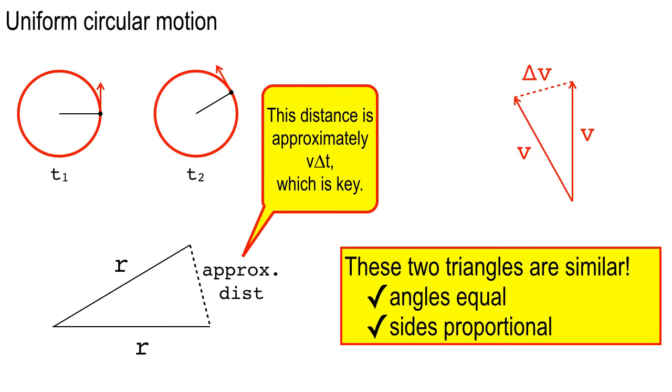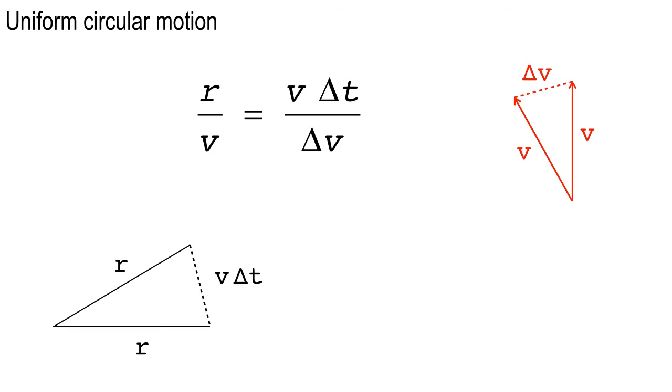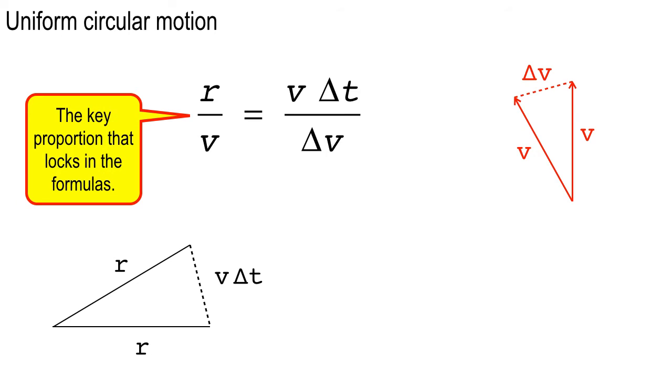So distance is speed times time. Now I want you to add that in there as well, so that's V times delta t. Now up here in the middle of the screen is the proportion that we're going to use. And this proportion is the key that locks in all the centripetal acceleration formulas.